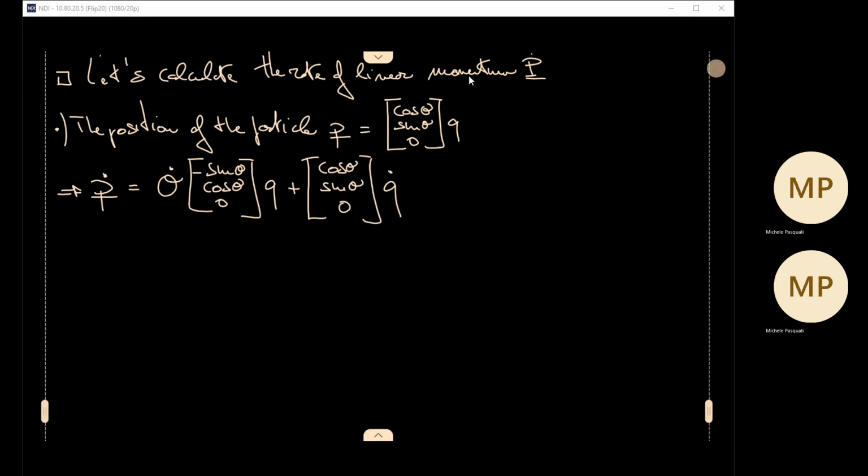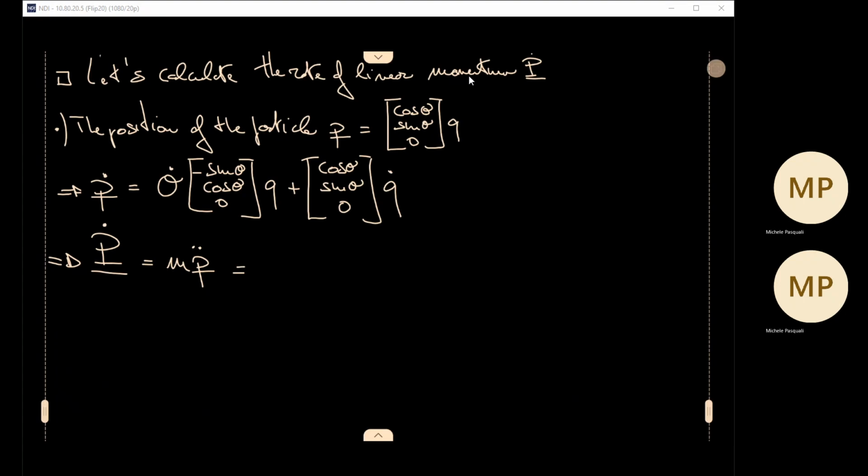Okay, well, I think this is simple. I just applied the chain rule over this product. And therefore, we have that P, capital P, is equal to m P dot. And therefore, capital P dot, so the rate of the momentum, since the mass is constant, is just like this.